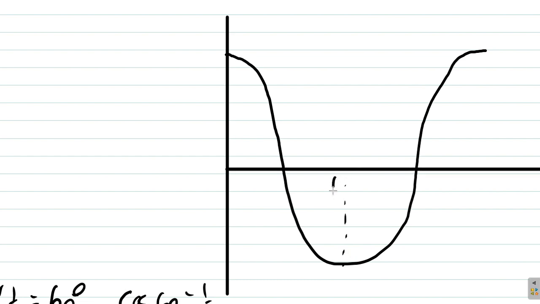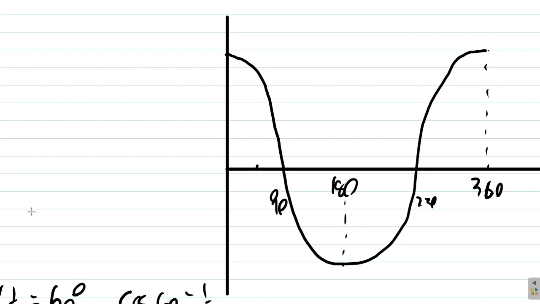You have, this is 180, this is 360, this is 90, 270. Now, if you locate 60 degrees, say 60 degrees is here, you project up to the curve.